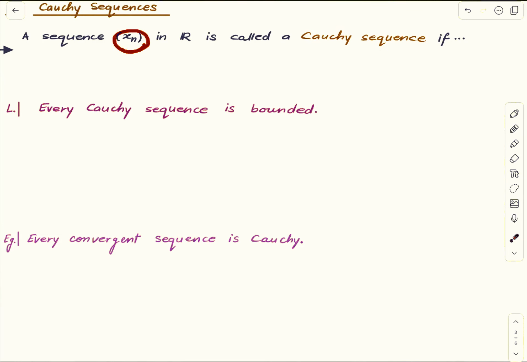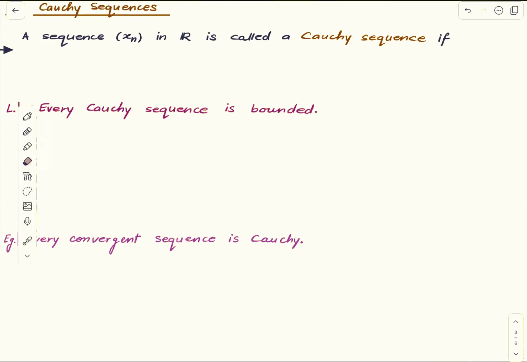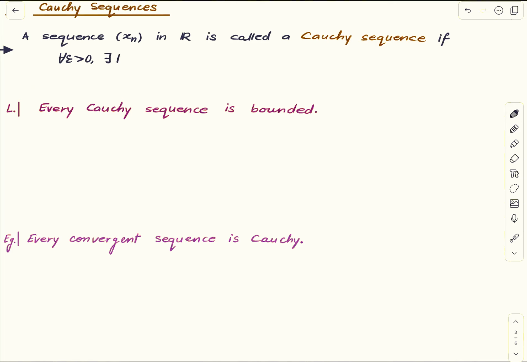A sequence of real numbers is called a Cauchy sequence if for all epsilon greater than 0, there exists a natural number N such that the distance between the mth term in the sequence and the nth term in the sequence is at most epsilon whenever m and n are at least capital N.